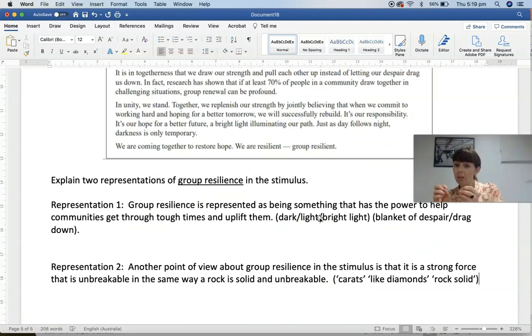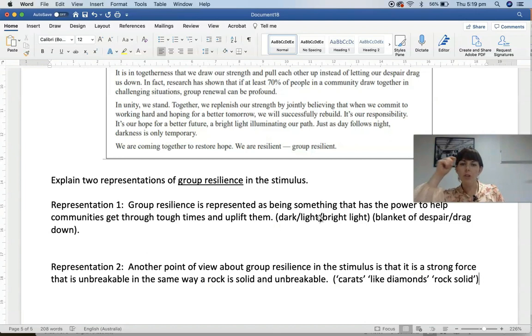So overall, the speaker is actually using here a bit of an extended metaphor where they come back to it a lot. So the metaphor is they're comparing group resilience to something really strong like a rock. And they haven't just picked any rock to talk about, have they? Carrots implies gold, and there's a reference to diamonds as well. So they have not said pebbles, they have not said ridges or boulders.